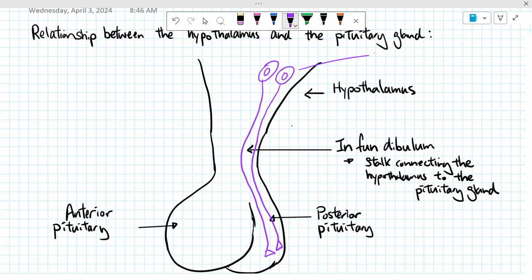Okay, so these neurons, the cell body is in the hypothalamus, and the axon extends into, I'm just going to put PP, okay? Posterior pituitary gland.